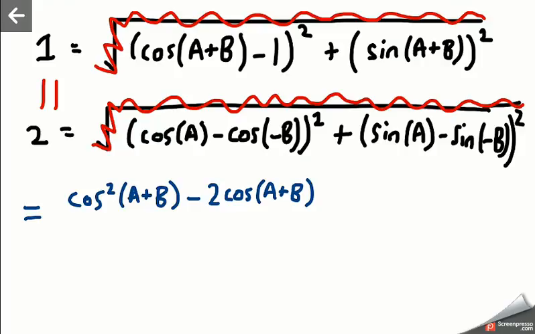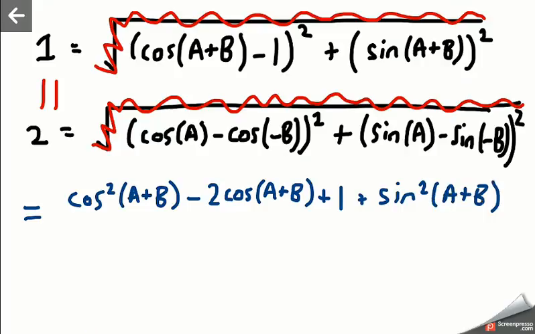Negative 1 squared is still 1, so it's just going to be plus 1. So that's this one expanded out. And now we're going to expand the second one out. Well, there's not much to do there. It's actually just sine of A plus B squared. And that's what that says.